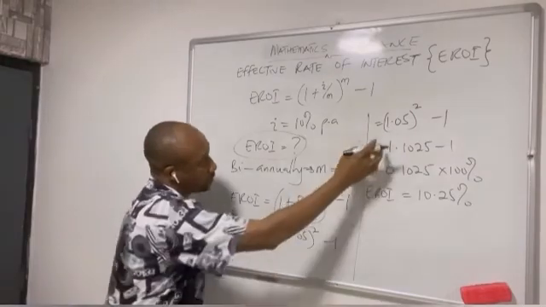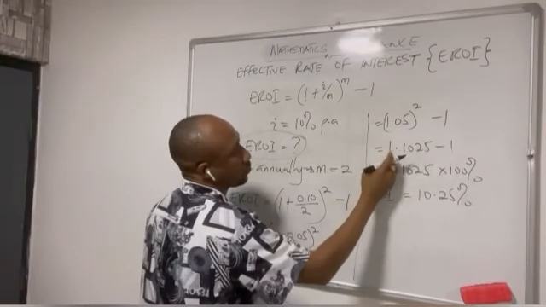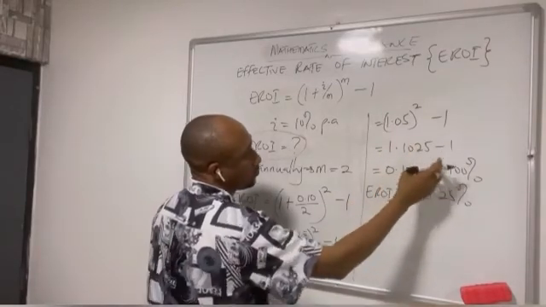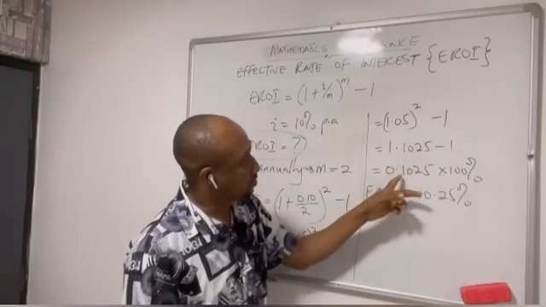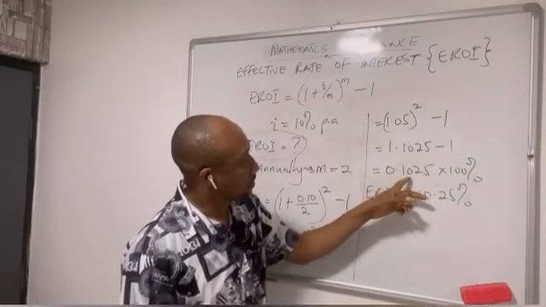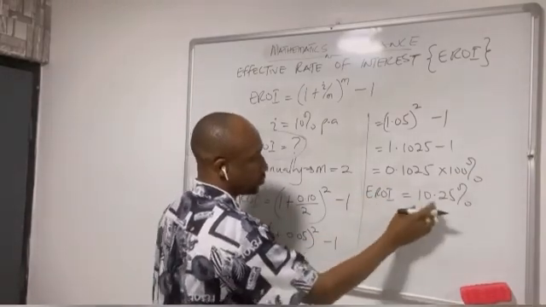If we add that, we have 1.05 raised to power 2, then minus 1, that gives us 1.1025 minus 1. It gives me 0.1025. Multiplying by 100, my effective rate of interest becomes 10.25.